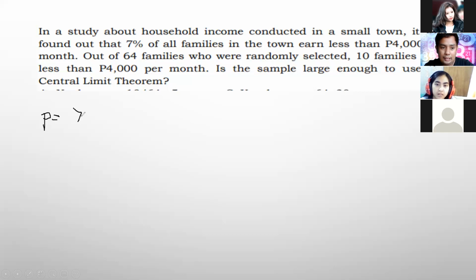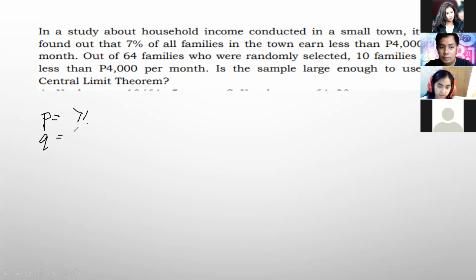7%, sir. That's correct. That is 7%. If our population proportion is 7%, what is our failure rate? Or Q? What is our Q? Anyone?